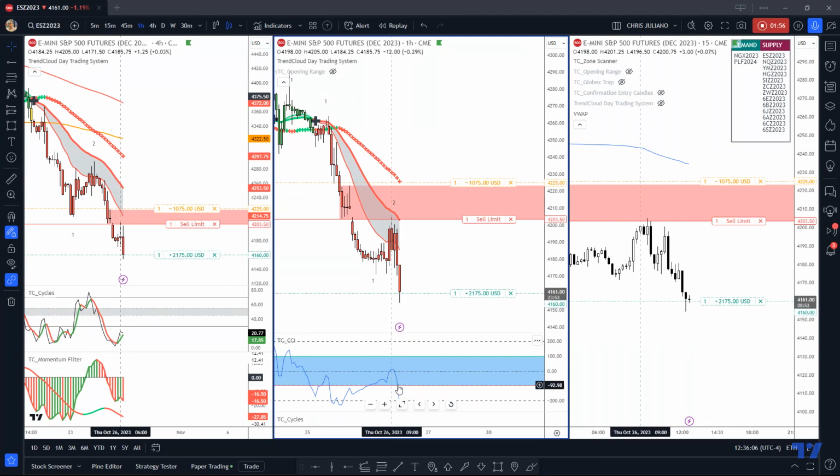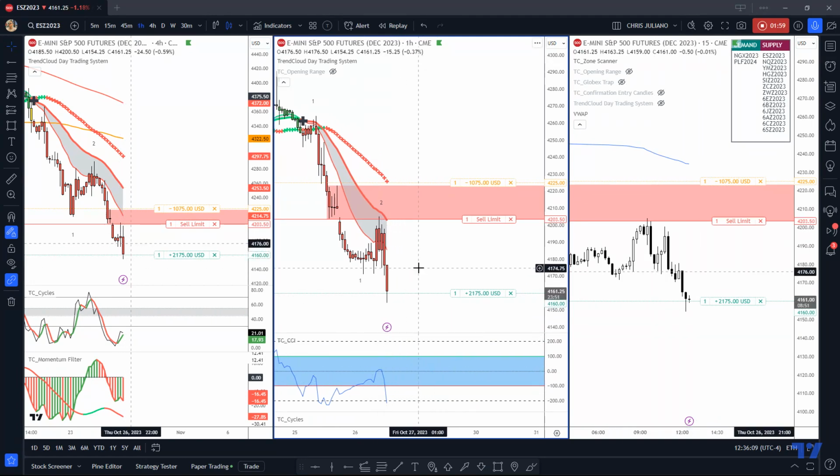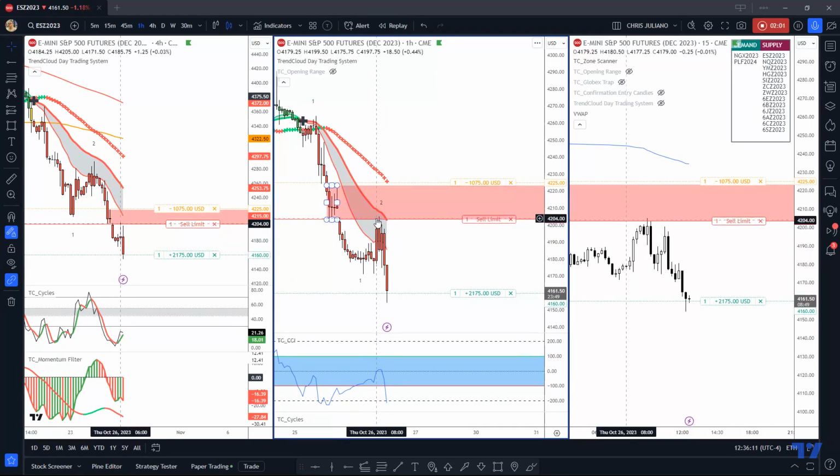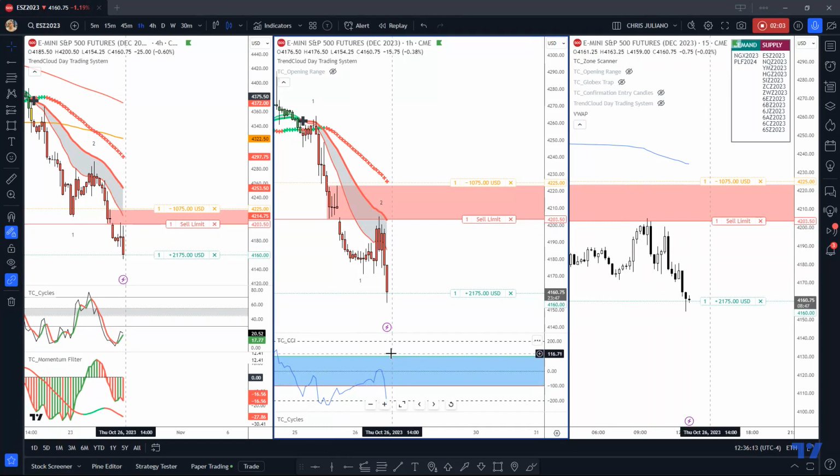So take a look at CCI, and you can see on this pullback, CCI does not break above positive 100. We are maintaining the intermediate momentum on CCI to the downside. So we're not using this as overbought and oversold. We're not doing that.